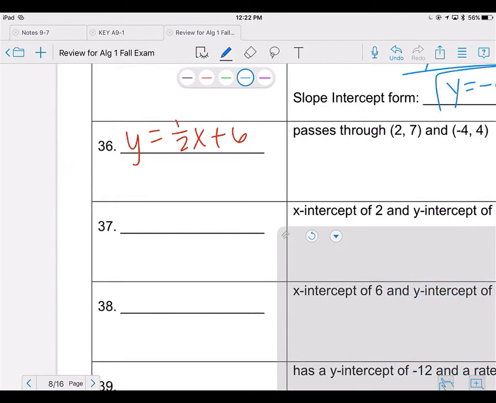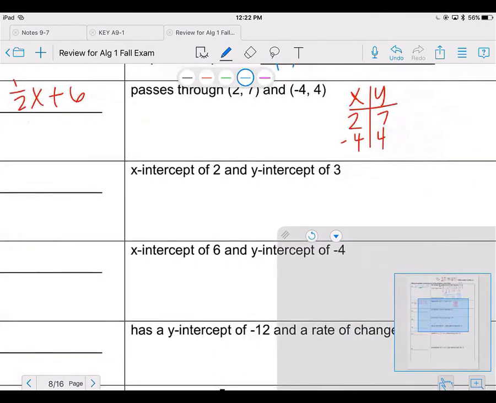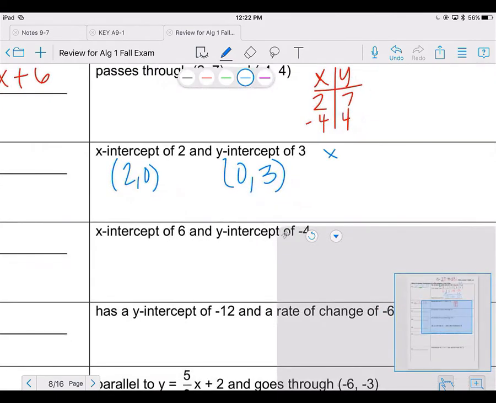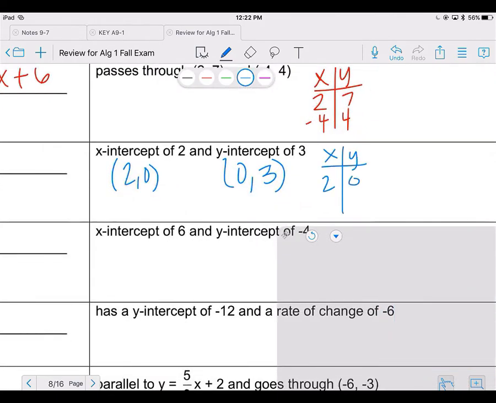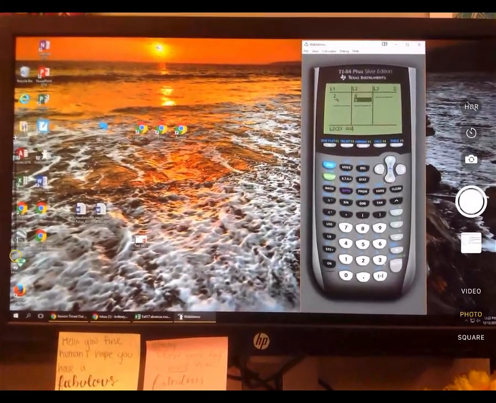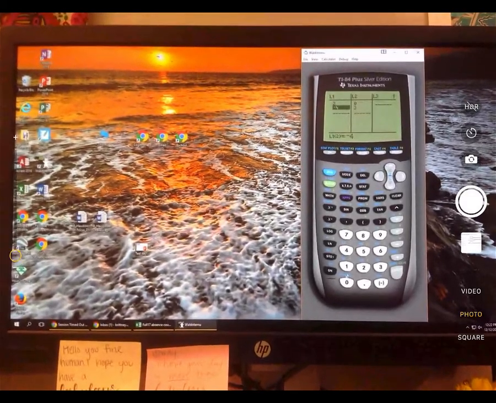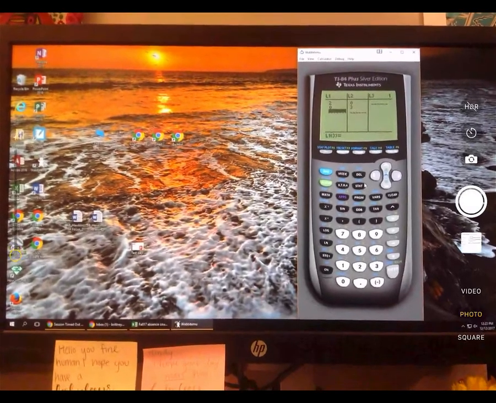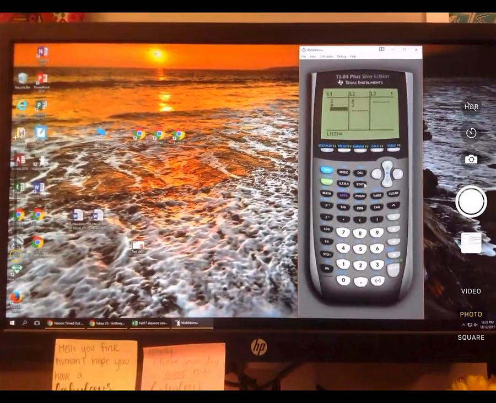M first, then B. An x-intercept means I have the point 2, 0. Y-intercept means I have the point 0, 3. And again, I have 2 points. So I can put 2, 0, and 0, 3 into stat edit. Remember, you do have to line them up horizontally.